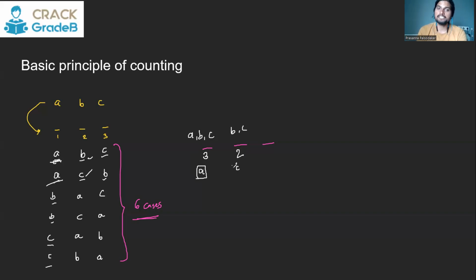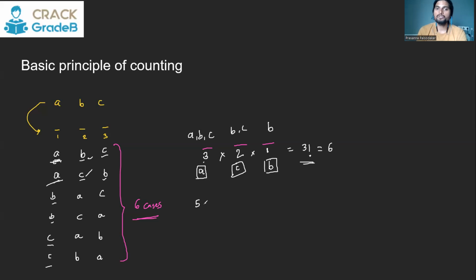If C sits here, now we have only one single choice, that B only can be seated here. So against all the 3 choices here, we have 2 choices here, and against those we have 1 choice here. So 3 into 2 into 1, we write it as 3 factorial, and the value of which is 6.